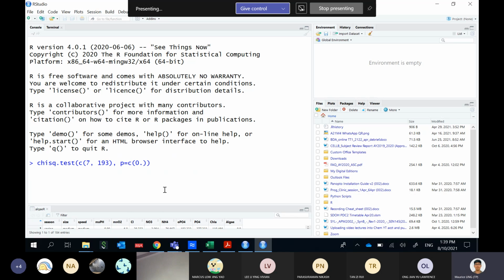So you expect 5% and 95%. And you do a correction, it goes to false.